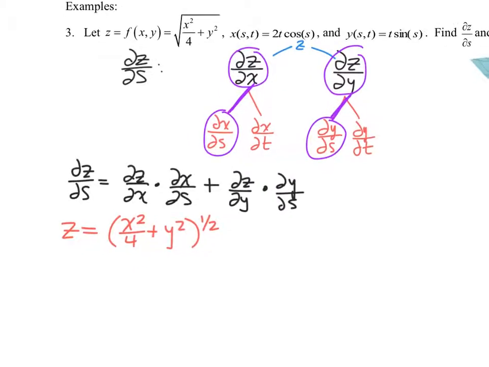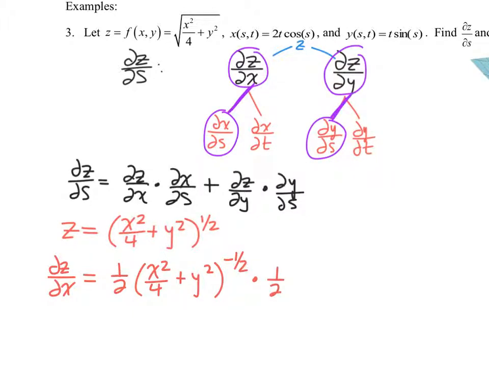I need both first order partials, so I might as well just bang it all out. 1/2 times x squared over 4 plus y squared to the negative 1/2 times 2/4 x to the first. There.